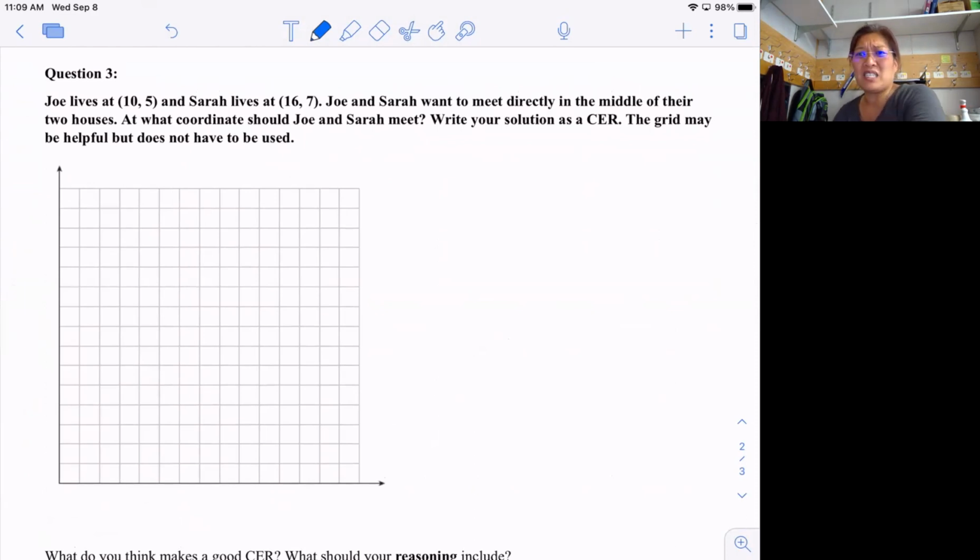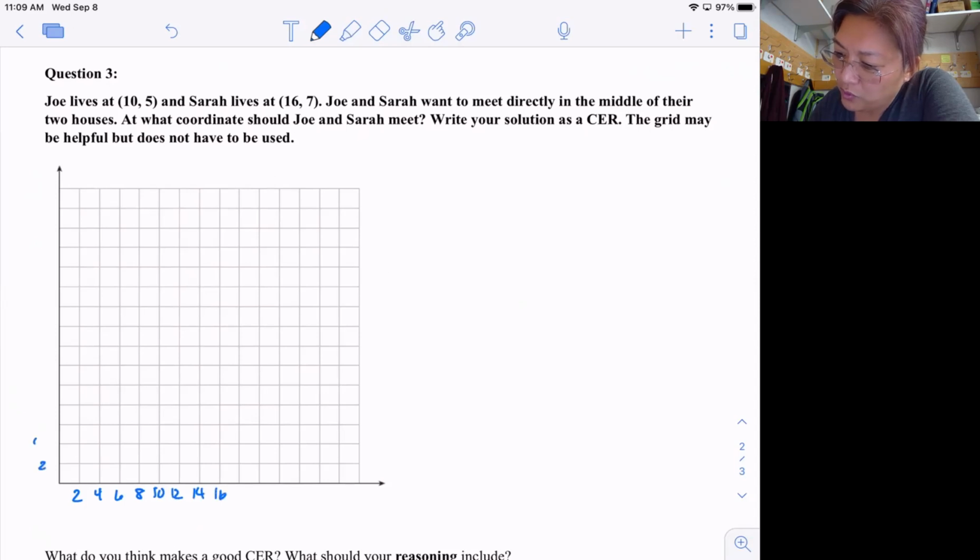We skip counted by 2 to label 2, 4, 6, 8, 10, 12, 14, 16, 2, 4, 6, 8, 10, 12, 14, 16. So Joe is at 10, 5, so up 2, 4, 5, smack dab in the middle. This is Joe.